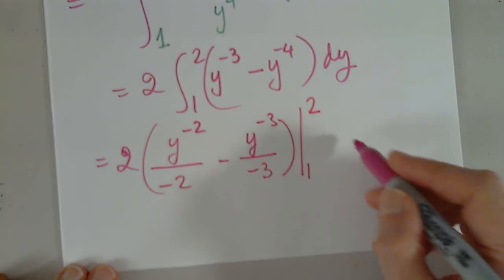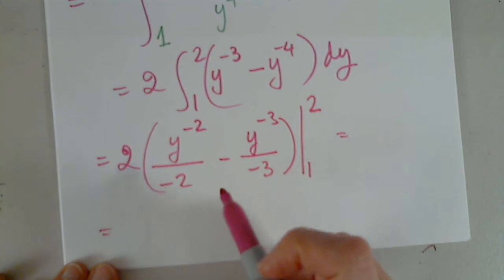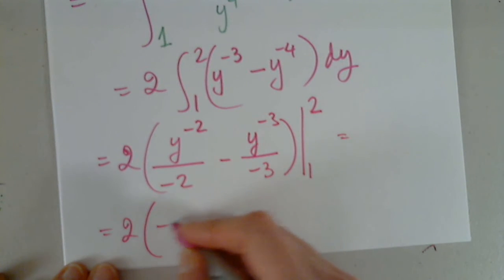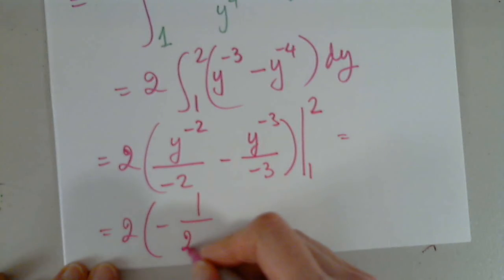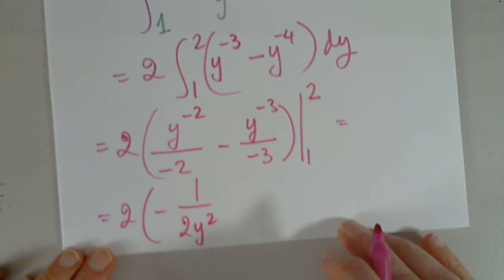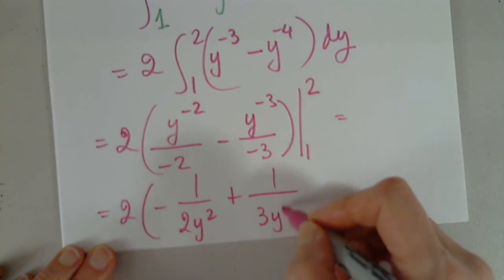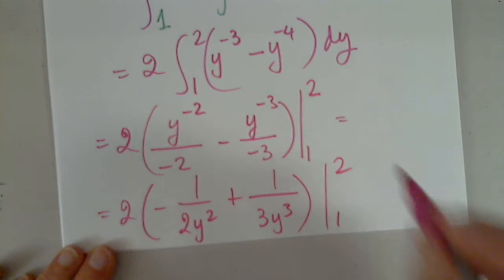I will not plug them in yet. I will simplify a little bit more. So negative 1 over 2y squared, and this will be plus 1 over 3y cubed from 1 to 2.